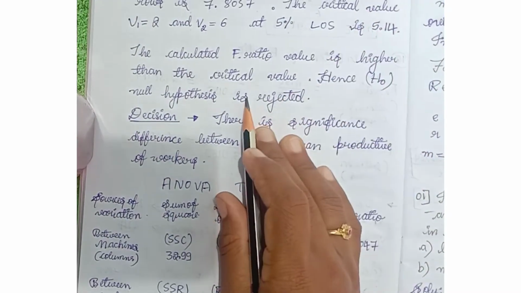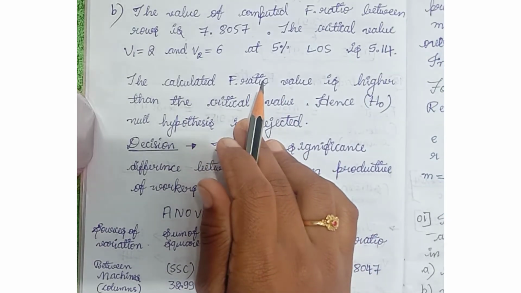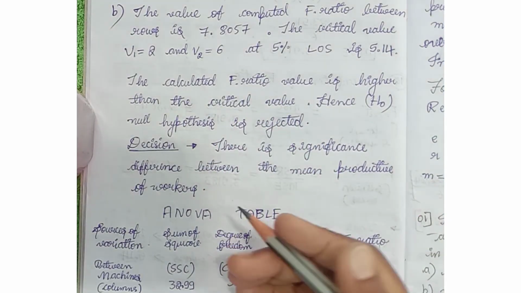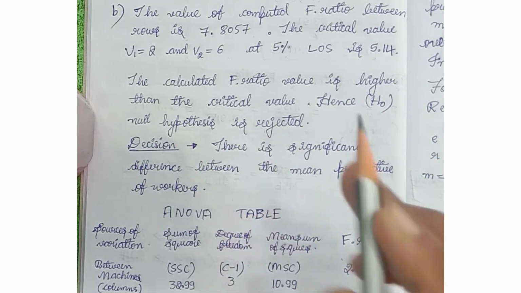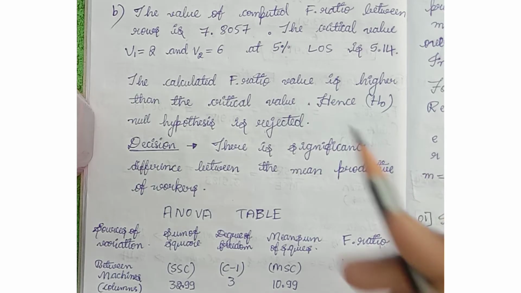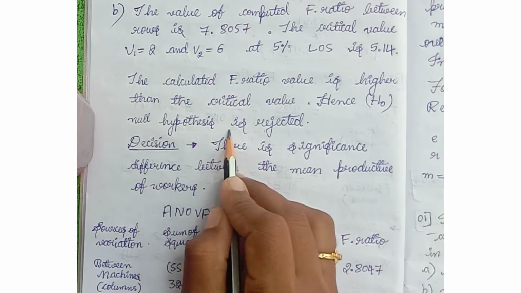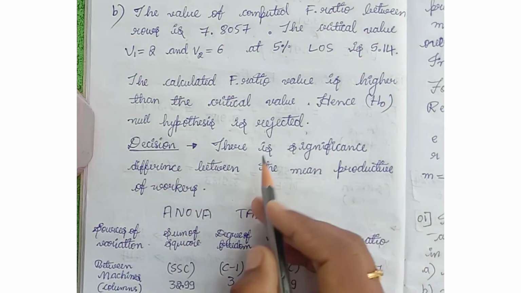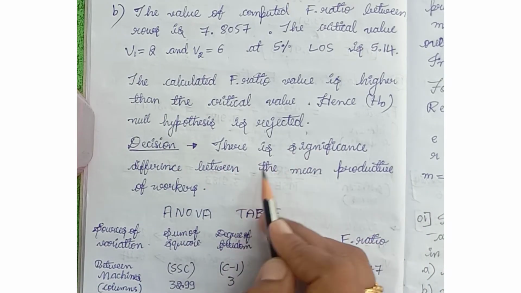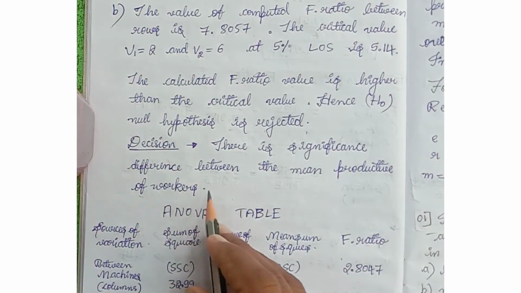The calculated F ratio value is higher than the critical value, so the null hypothesis is rejected. In A we accepted because it was less; here the F ratio is higher, so we are rejecting. The decision is: there is a significant difference between the mean productivity of the workers.